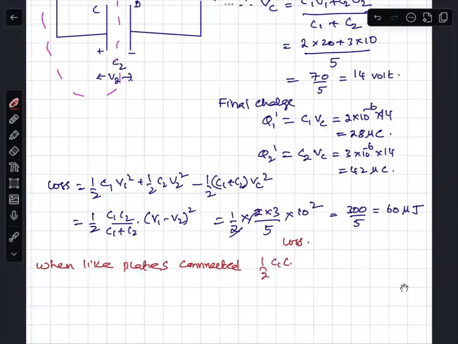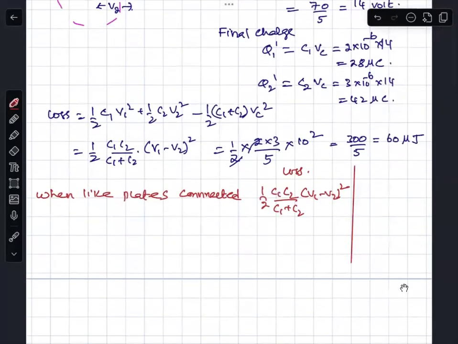Half C1 C2 by C1 plus C2 into V1 minus V2 whole square. What is the expression for charge transfer?